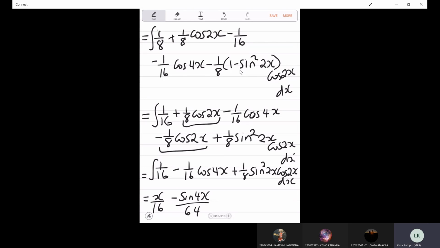And then here, sine squared of 2x cos 2x, that is where we use substitution. So the 1 over 8 is going to be outside. And then we have sine to the power of 3 of 2x. We're dividing by 8, and then we divide by 3, and then we divide by 2 again, because of the derivative.